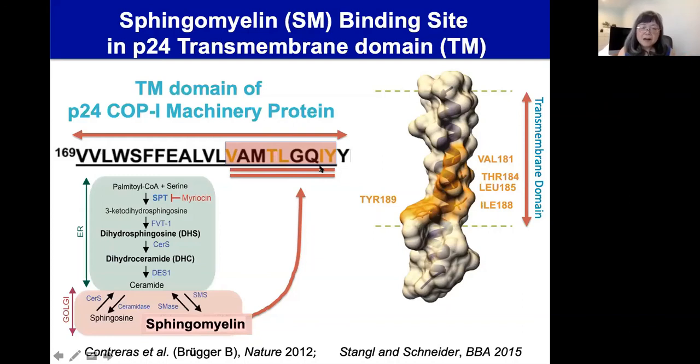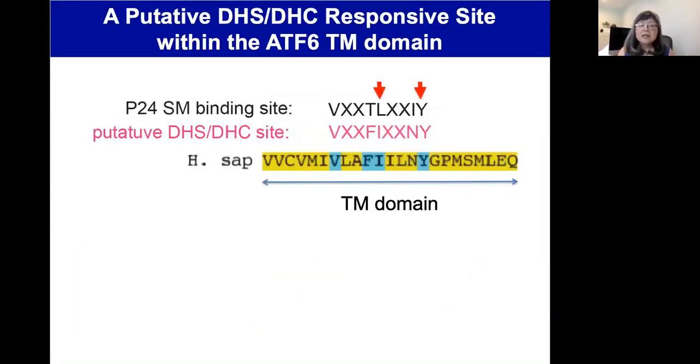Based on that, we looked at the ATF6 transmembrane domain, which is highlighted in yellow. We found it is not exactly like the p24 sphingomyelin binding site, but somewhat similar.